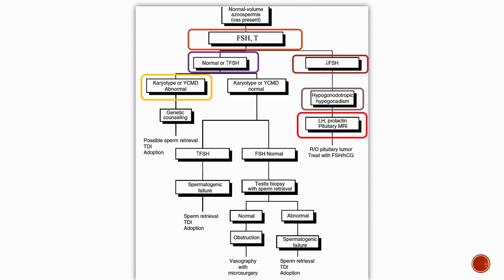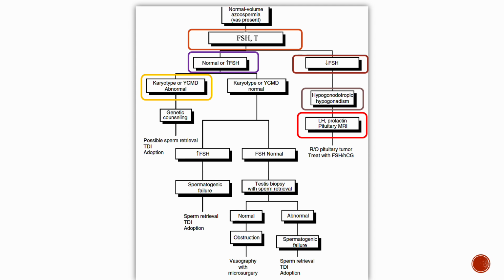In case the karyotype or Y chromosome microdeletions are abnormal or present, then genetic counseling is done, and the possibility of sperm retrieval is given depending on which type of Y chromosome microdeletion is there. We will be discussing these later on, but in short, if azoospermia factor A and B are absent, then we will not do any sperm retrieval method.